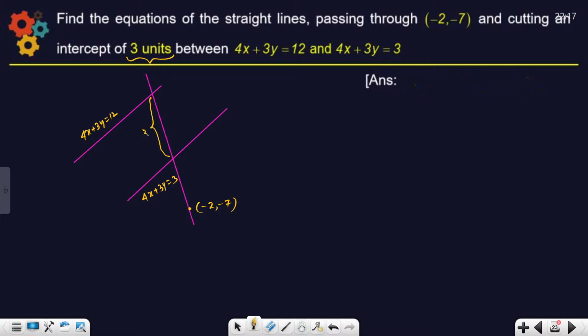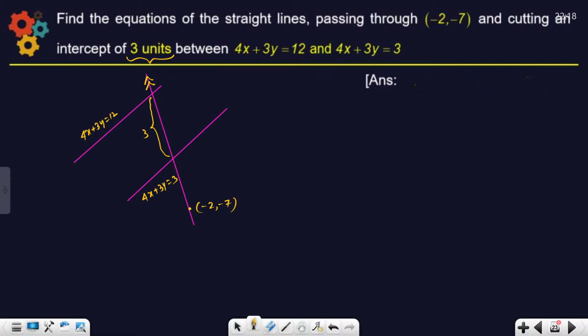This is not your perpendicular length. Don't forget it. Is it clear? This is not your perpendicular length. This is the length intercepted by this line between these two parallel lines. So I have to find out the equation of this line.